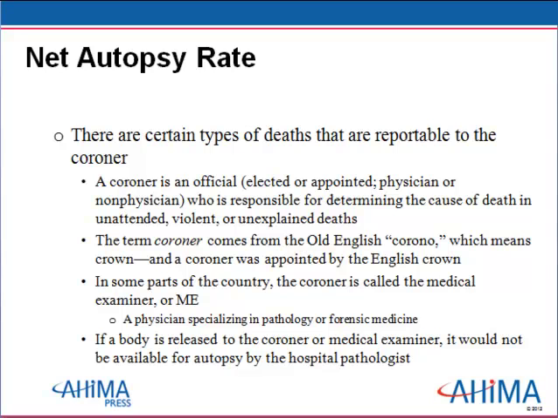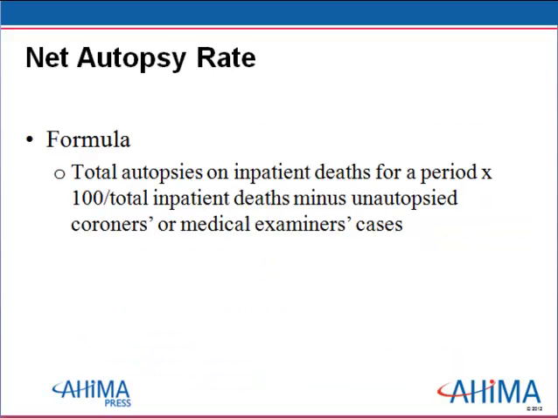A body that's released to a coroner or a medical examiner is not available for autopsy by a hospital pathologist. So you can see the formula for the net rate is the same as for the gross, except in the net we are subtracting the unautopsied coroners or medical examiner cases.